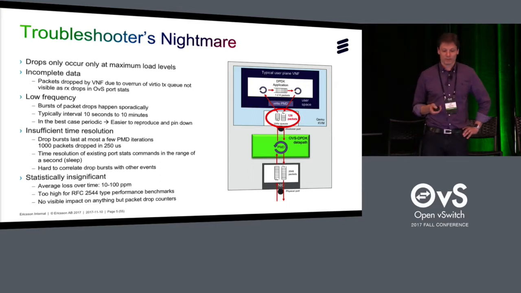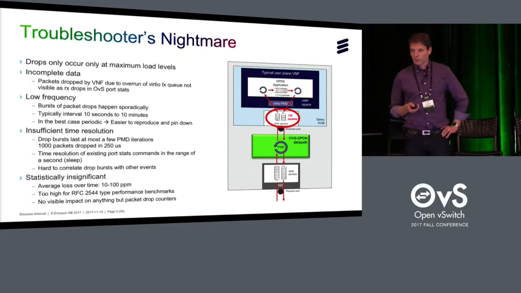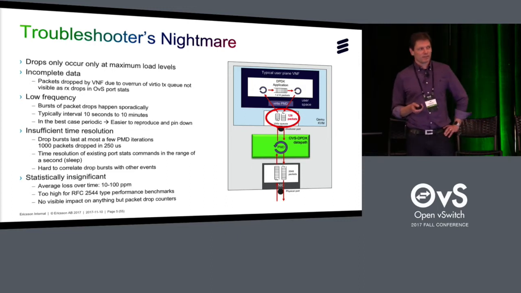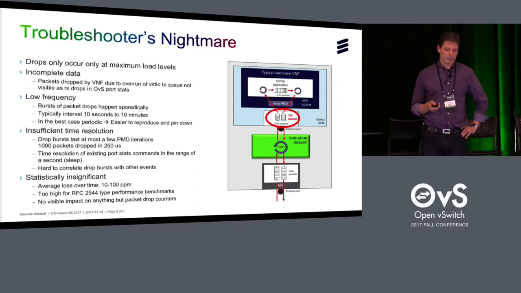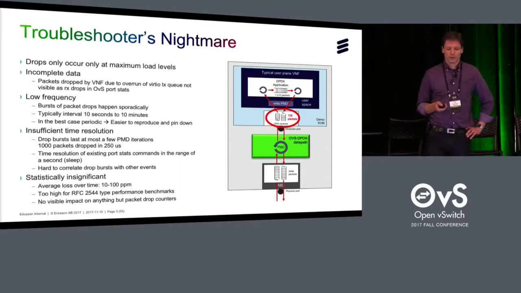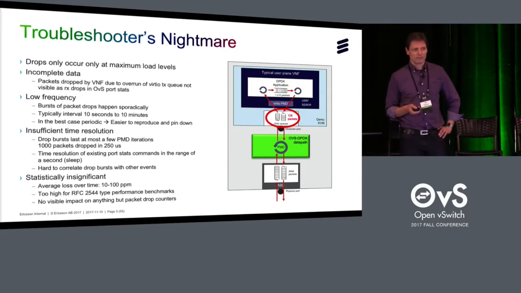So it's really difficult. Then these packet drops occur infrequently, at intervals between 10 seconds and 10 minutes. In the best case, they are periodic, and then you have a better chance to track them down, but often they are not. Then these bursts of dropped packets are extremely short, typically well below 1 millisecond.